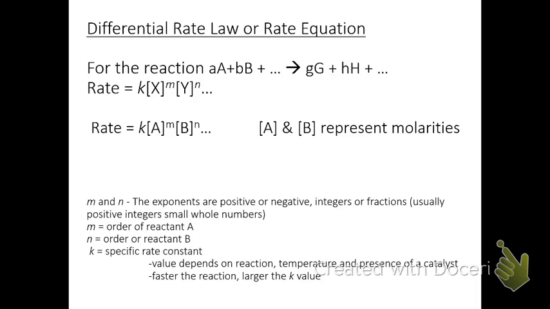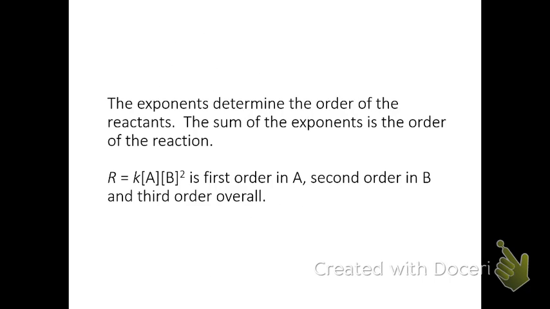The rate constant is going to have values that are different depending on the presence of a catalyst, a large k value, what is the order of the reactants, and that sort of thing. But that's the basic way it's going to look.